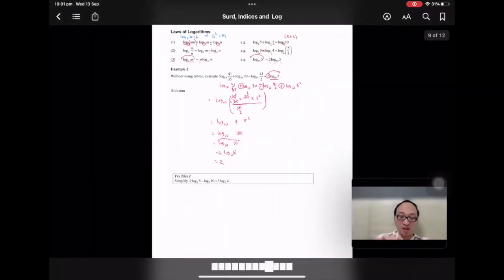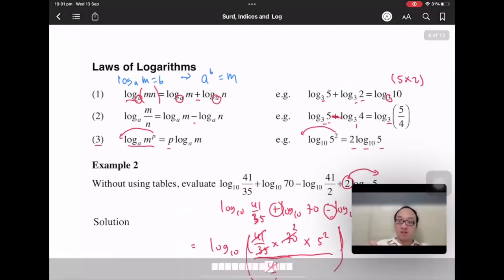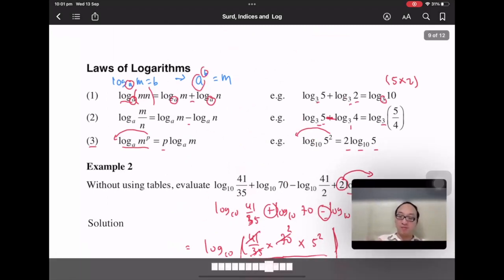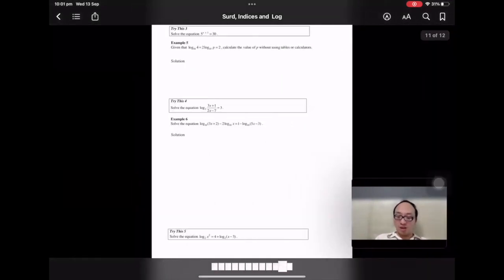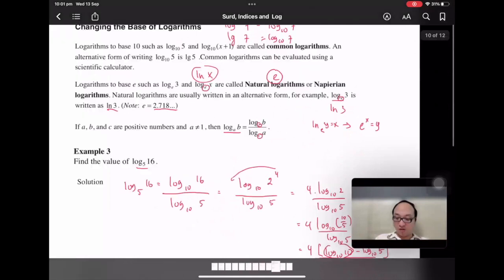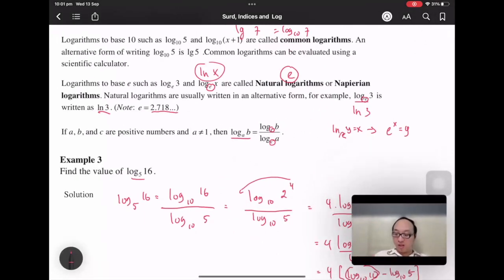In here, you see the blue one. The definition, the base is a, so a to the power of b equals m. In here, we will have e to the power of x equals y.